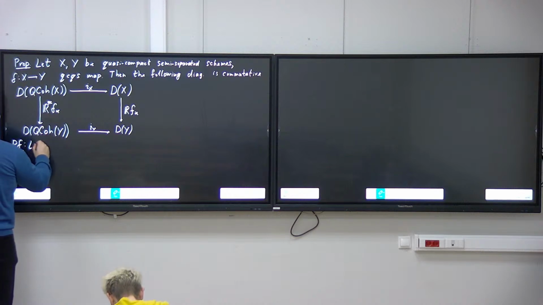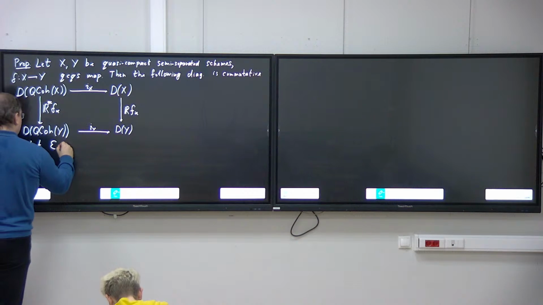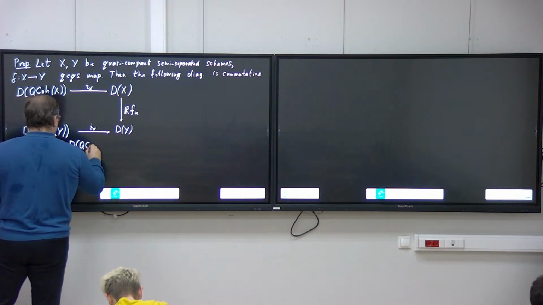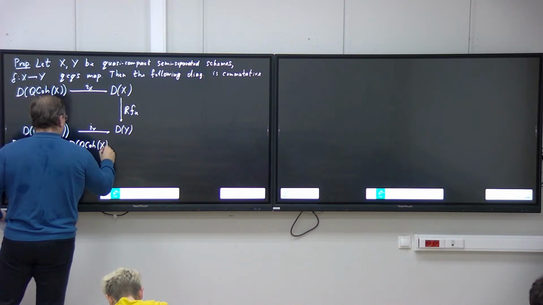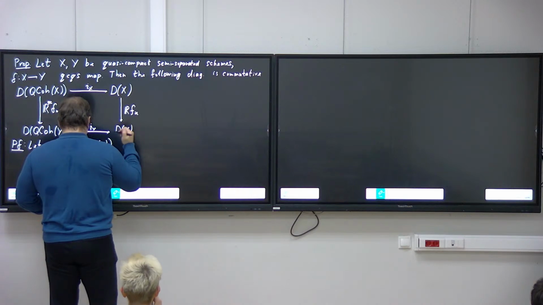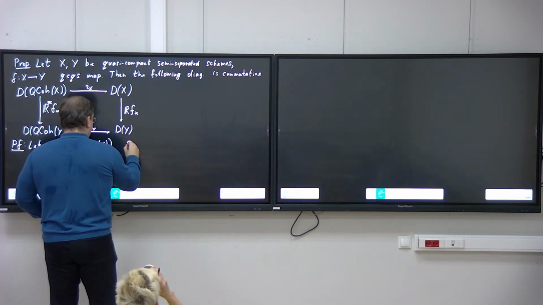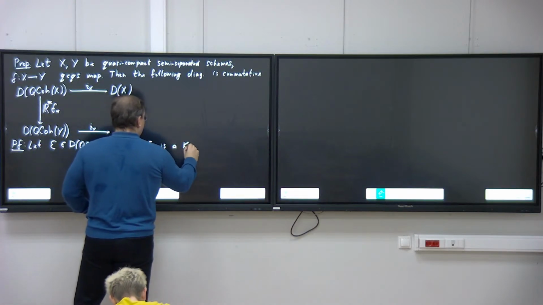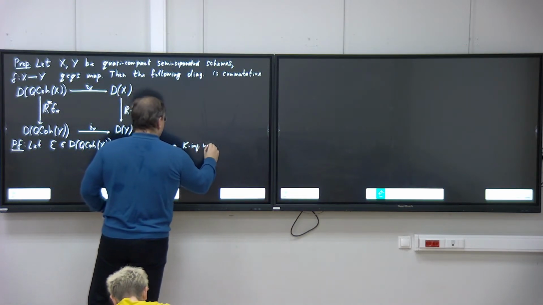So let me take some object E in the derived category of QC of X. Let me choose the K-injective resolution. So E maps to I, which is a K-injective resolution.